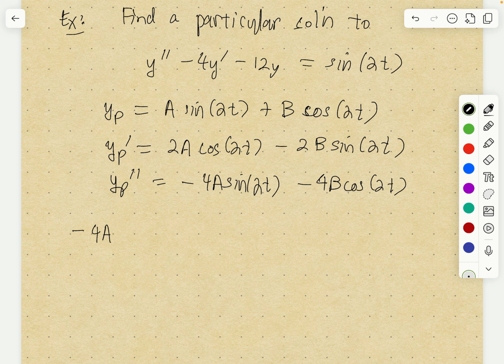Negative 4a sine of 2t minus 4b cosine of 2t minus 4 times, I'm going to multiply the 4 out.